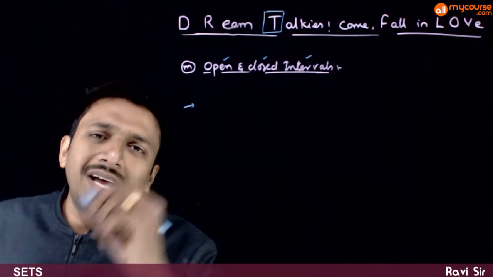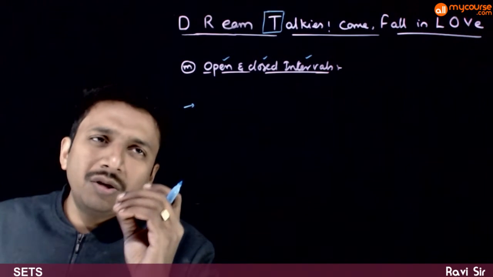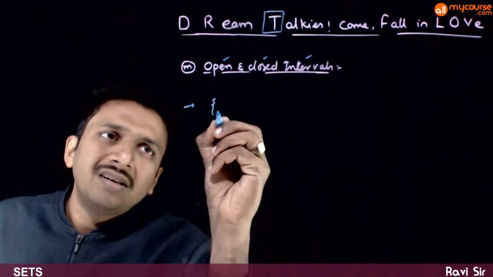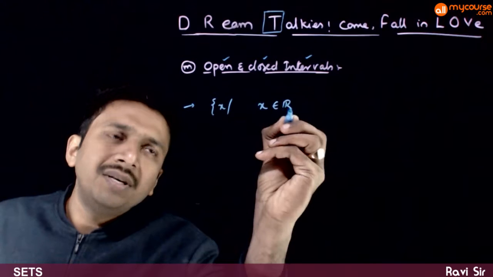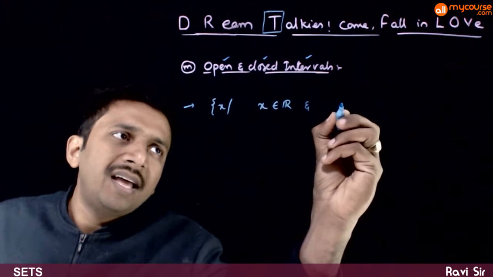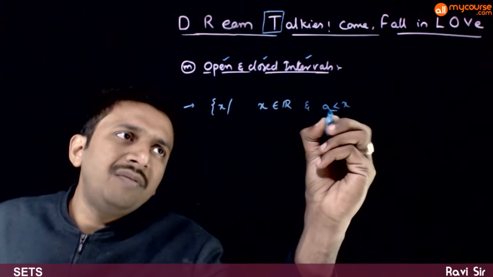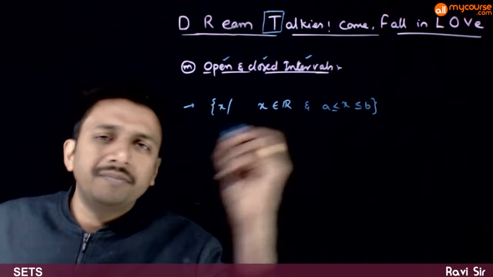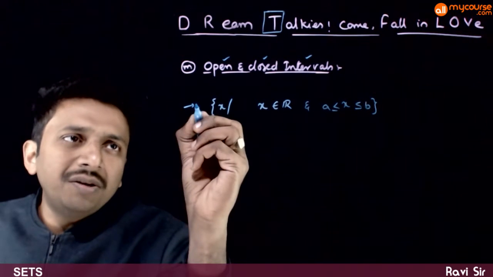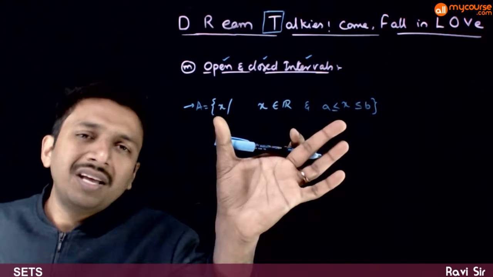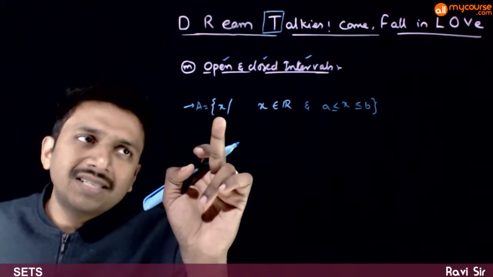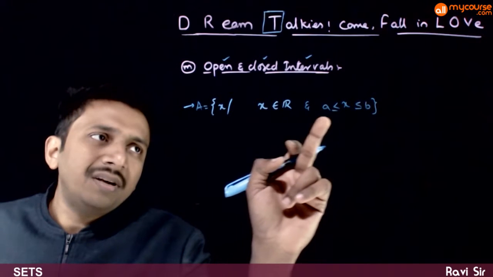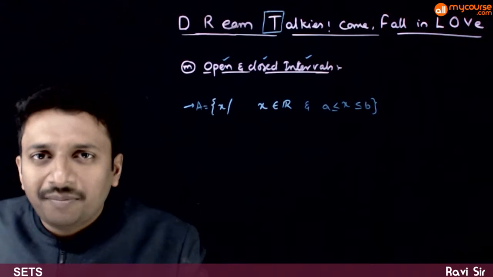So many a time you will be getting solutions something like this: {x such that x belongs to real numbers and x is in between a and b}. This is a set builder form of set A.